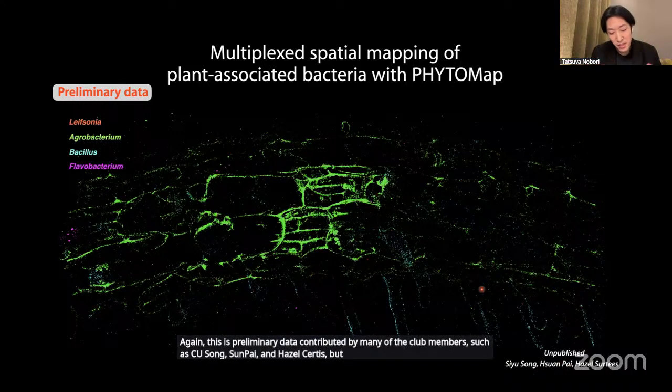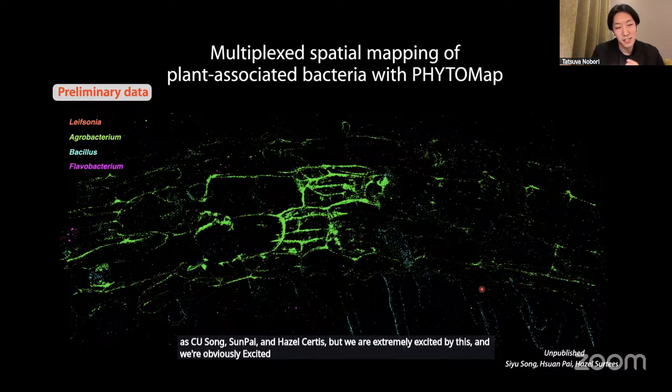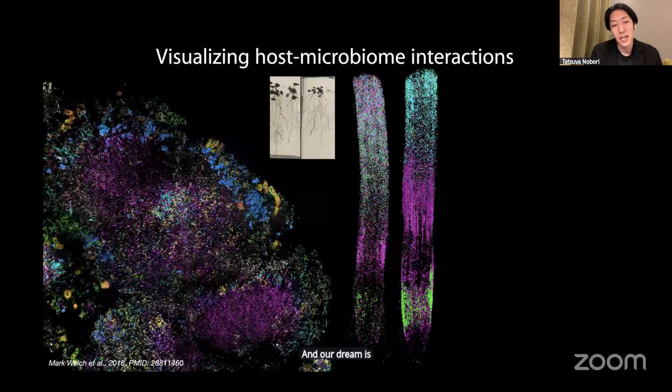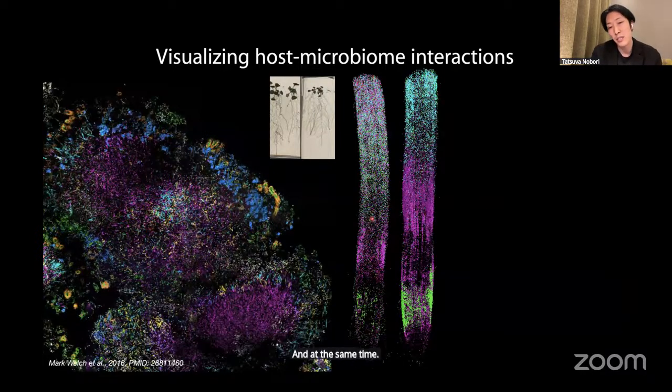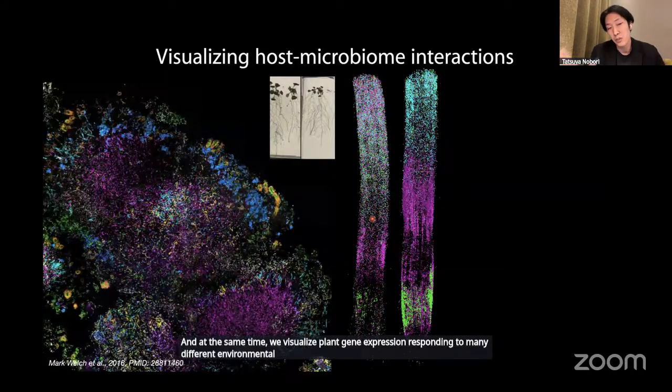But we are extremely excited by this, and we're obviously excited to expand this to many other bacterial strains, of course, with rigorous benchmarking. Our dream is to spatially map every single cell in the microbiome at single strain resolution to exactly know who is sitting where with whom. At the same time, we visualize plant gene expression responding to many different environmental conditions, including microbiome, but also nutrient availability and so on.